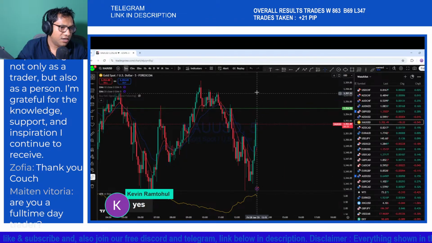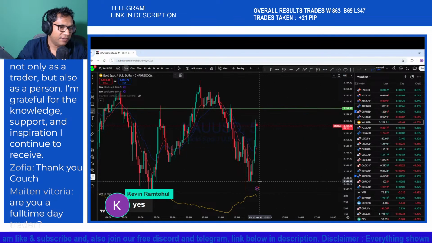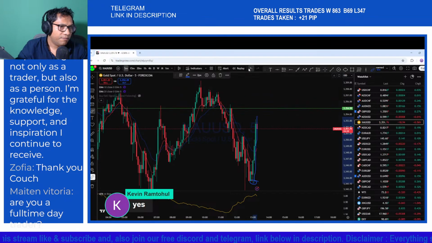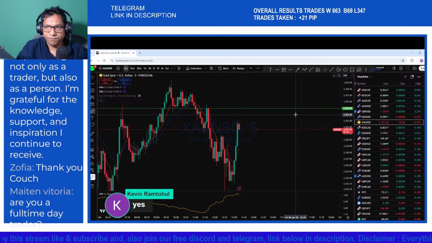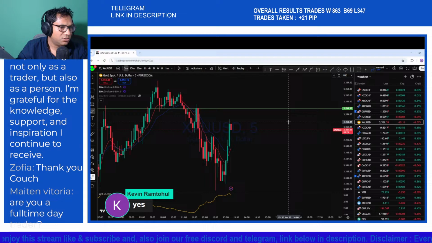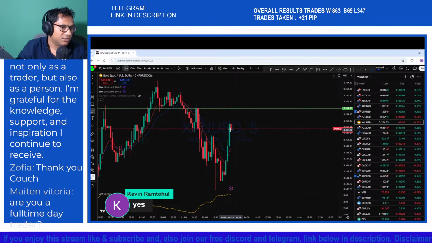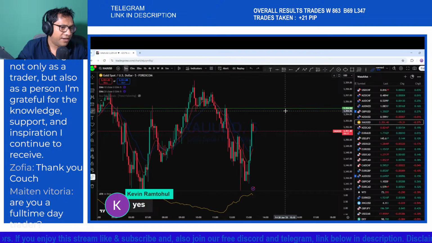Here is the move from this level, a pretty sharp bounce, and I would like to see this price go straight back to that key level.